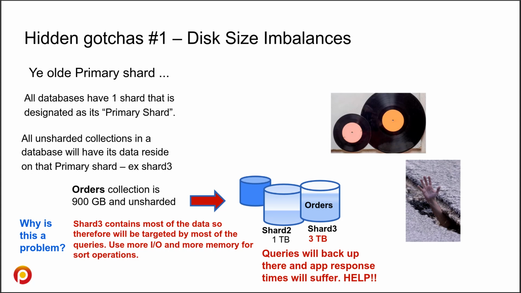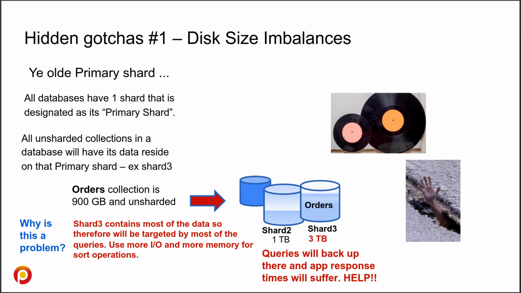But one of the other things that people don't think of is you have all these collections, and some of them are sharded and some of them aren't. You should obviously look to shard your larger collections. But for all of your unsharded collections, for each database that you have in a cluster, the cluster identifies one shard as the primary shard, which is going to hold all of the unsharded collections.